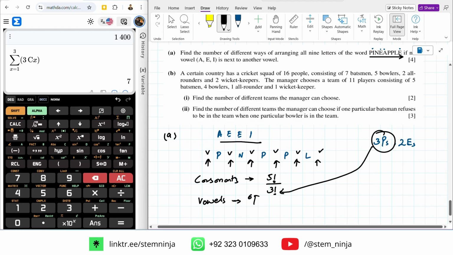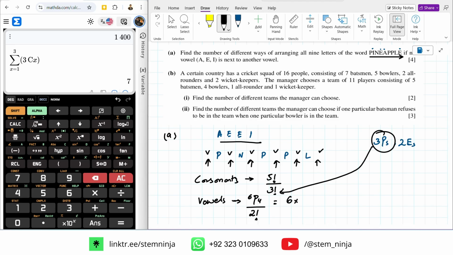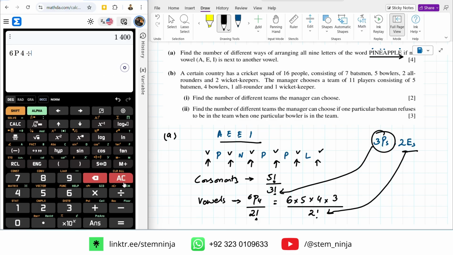So 6P4. But out of those, you have 2 duplicate. You can also write it as 6, 5, 4, 3 because there are 4 vowels, divided by 2 factorial for these 2 E's. So either way, you are going to get the same answer. So 6P4 divided by 2, this is going to be 180.